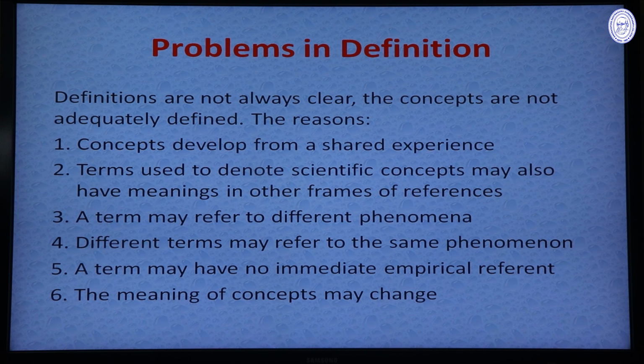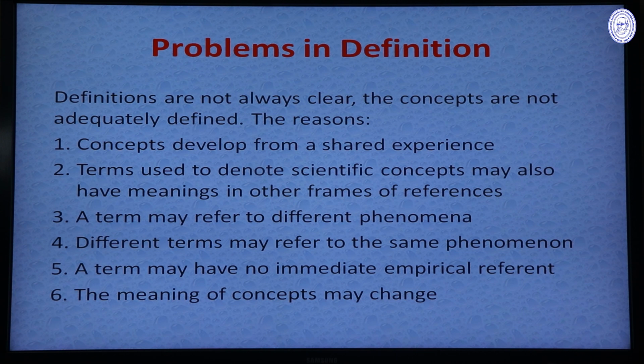So the terms we use to denote concepts in any science may have meanings in other frames of references also. Now a single term may refer to different phenomena. We will definitely come across some examples of this, that a term referring to different phenomena, or very different terms may refer to the same phenomena.